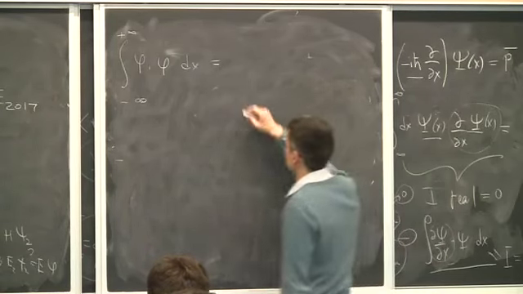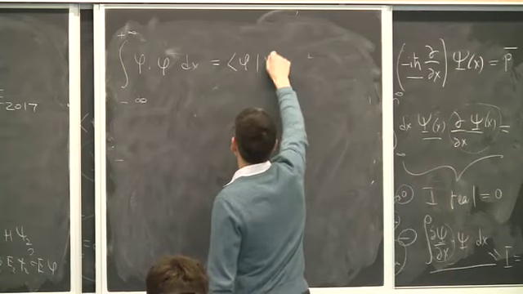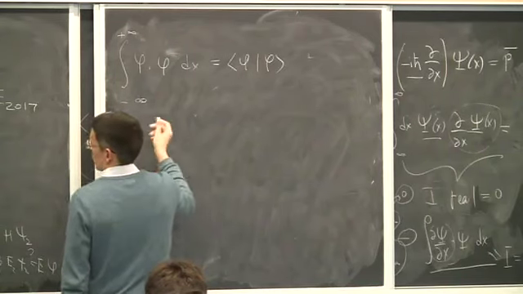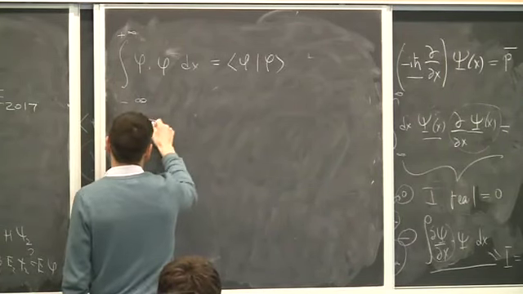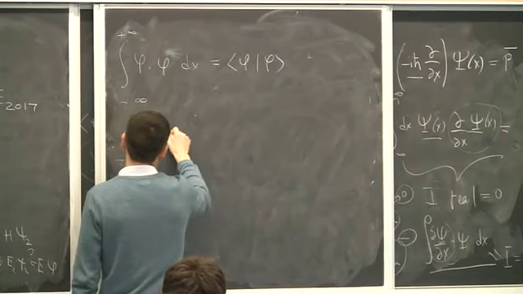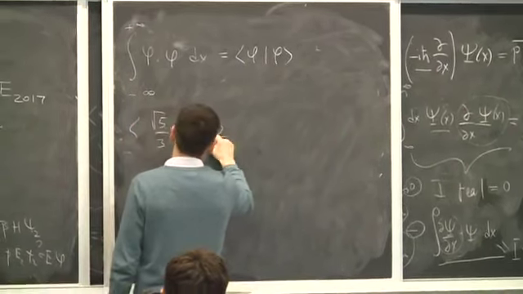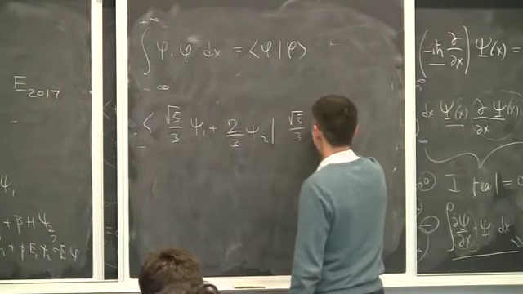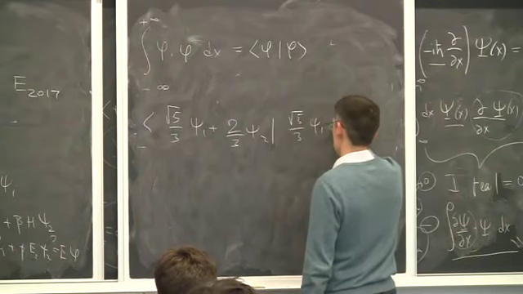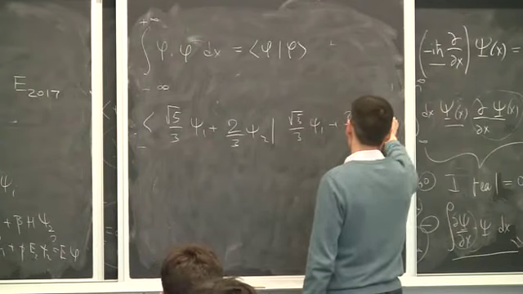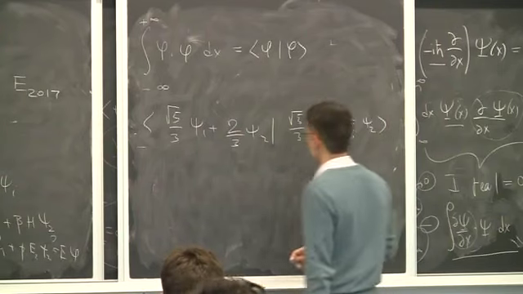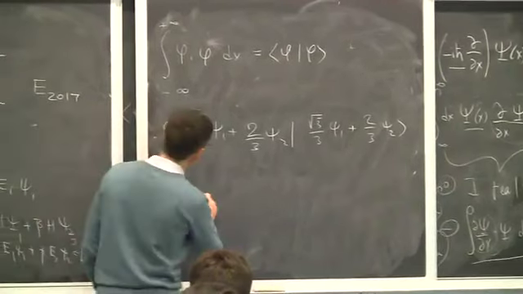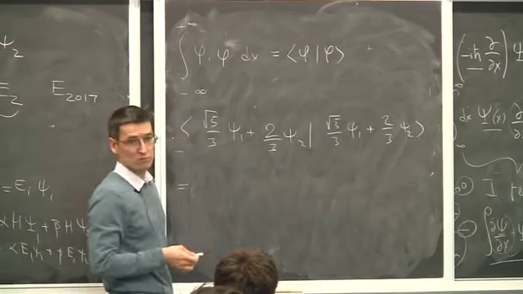Then you can present this in a short notation like this, and then we put the explicit function inside, right? And what's next? We do the algebra.